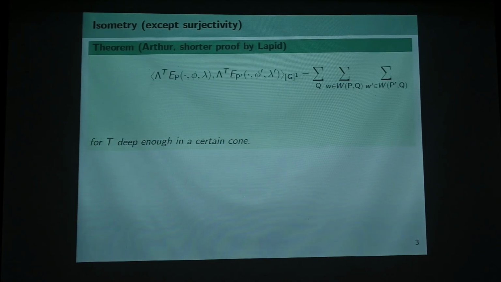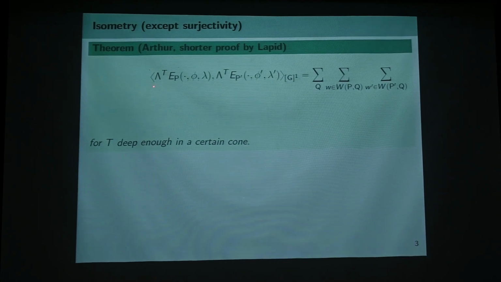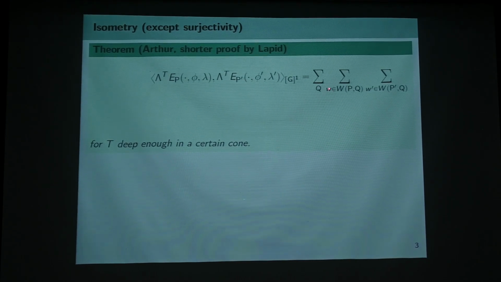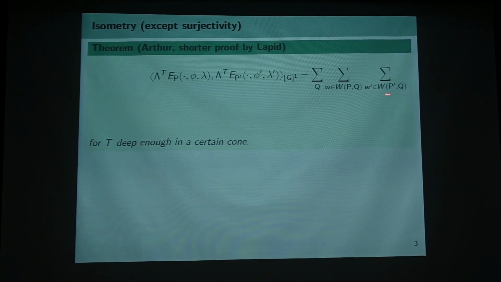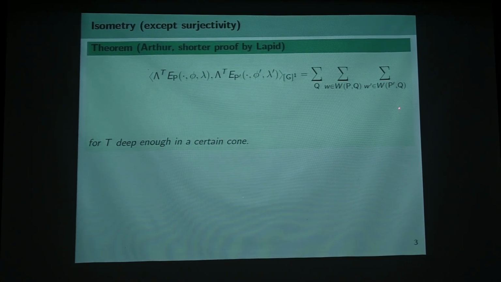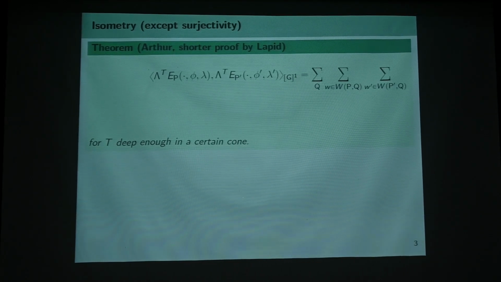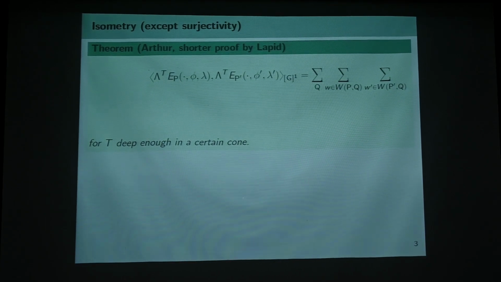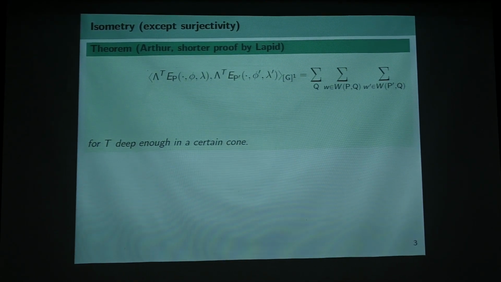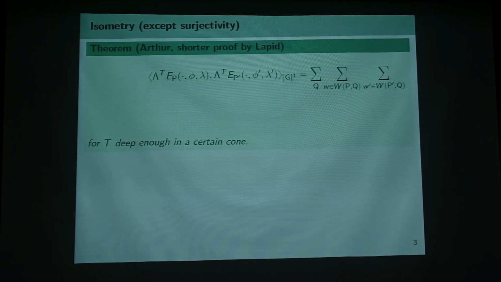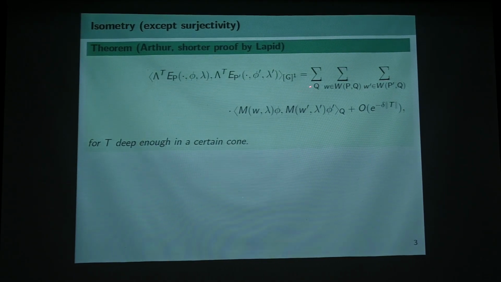As I say, lambda T of this inner product is going to be a summation over standard parabolics Q. You look at all ways of associating P and P prime with Q, and it's only going to hold for T deep enough in a certain cone, which is the same as saying that when you take the inner product on the upper half plane, you are estimating the inner product of Eisenstein series only if you truncate it above a particular T. So for T deep enough in a certain cone, the main term in the summation is as follows.